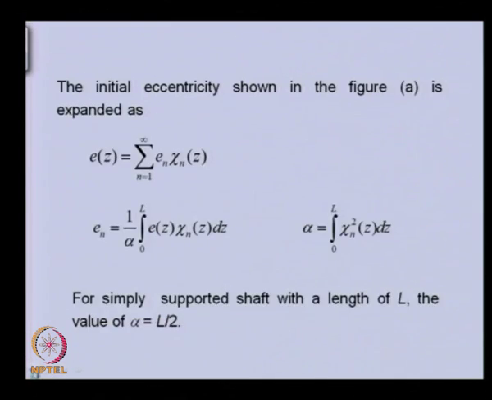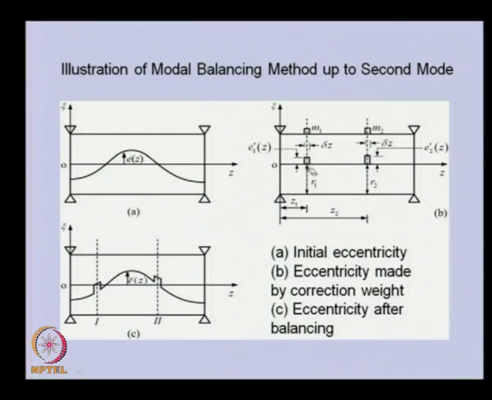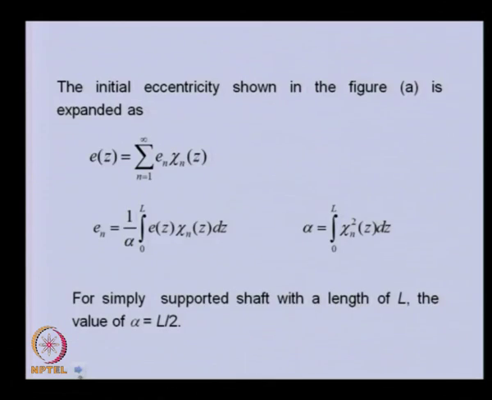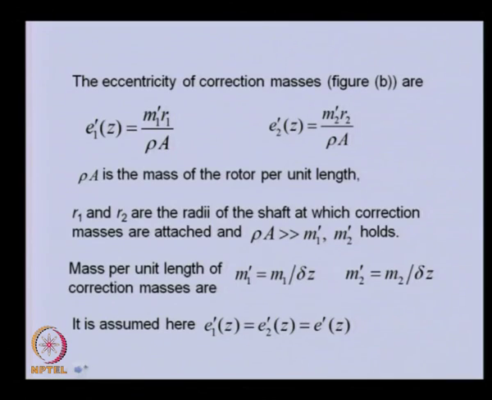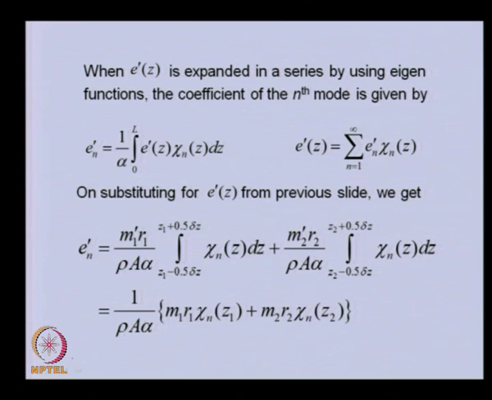Now you can see this is basically the eccentricity due to the correction masses which are given here. Now, we are expanding this eccentricity due to the correction masses in a similar form with the help of the eigenfunction.